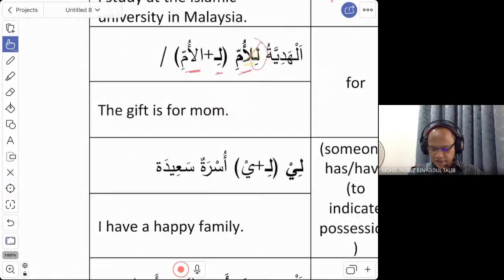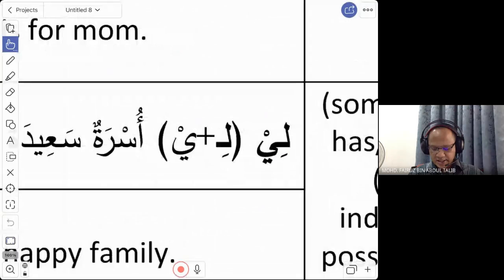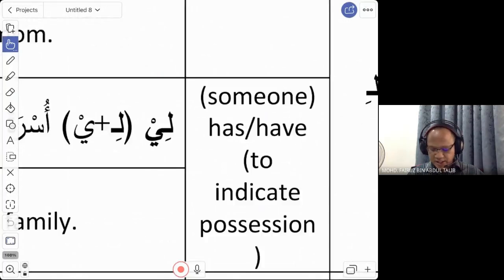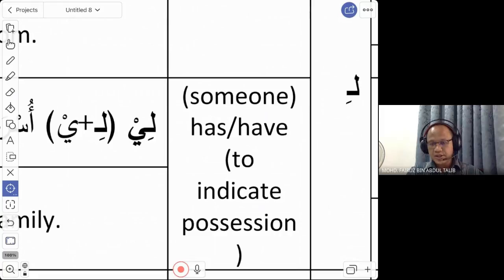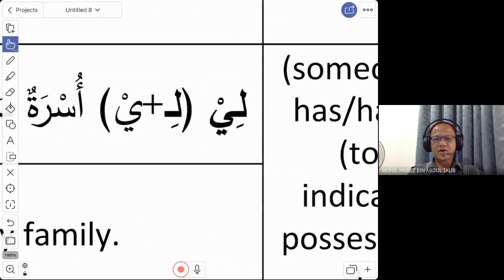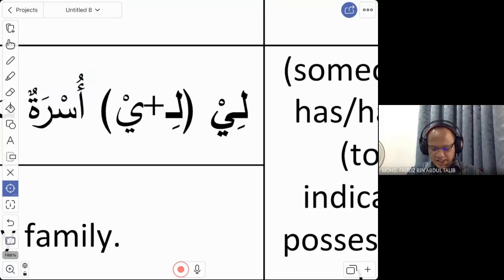And the second meaning for the word li, as we said, is to indicate possession. Here you have to join it to a person or to a pronoun. In this case, you join it to a pronoun. You start the sentence with li and ya. Ya is my, so I have. So here you want to say li, I have.